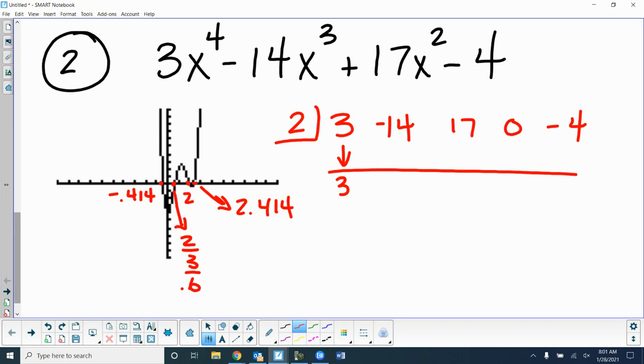That's why it didn't work out for you. 2 times 3 is 6. Add those, you get negative 8. 2 times negative 8 is negative 16. Add those, you get 1. 2 times 1 is 2. Add, you get 2. And 2 times 2 is 4. Then you get the 0. Okay? Don't put just 0.6 here. It will not work. Okay? If you're going to use the decimal, put a bunch of 6's in. Okay?